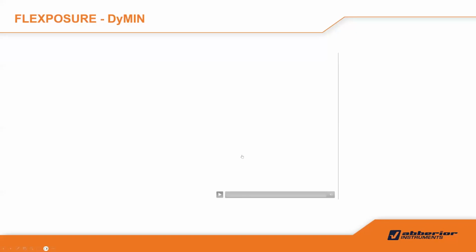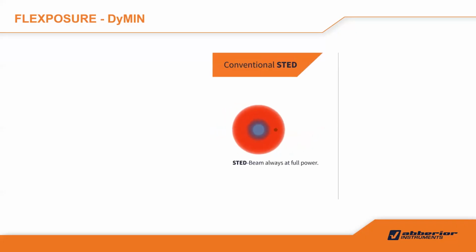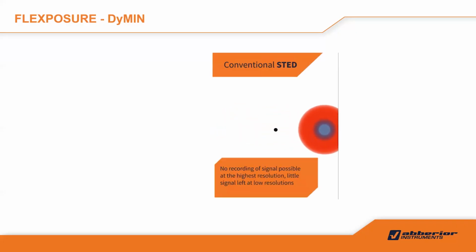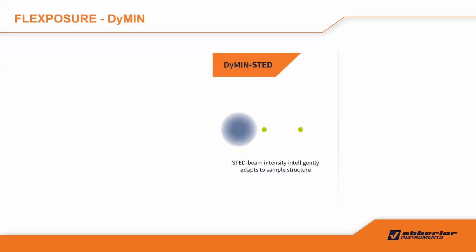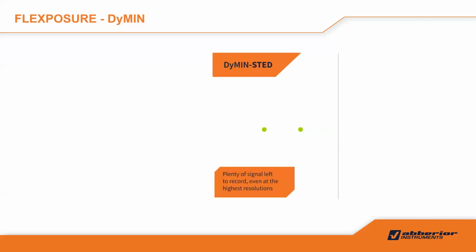What does that mean? In a conventional STED microscopy, you have the Gaussian excitation beam and the STED donut beam. They merge with each other. They are switched on all the time, scanning the sample. You cannot interfere with this process, right? You cannot protect the sample in an active way. In DIMING, we use confocal to probe pixel by pixel.